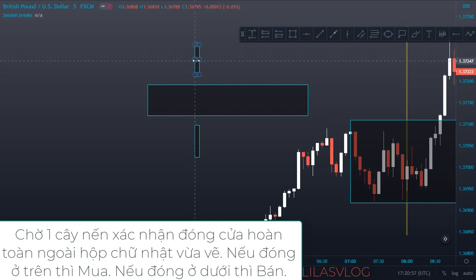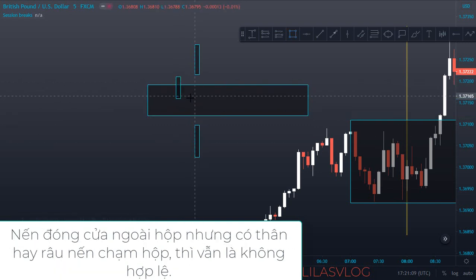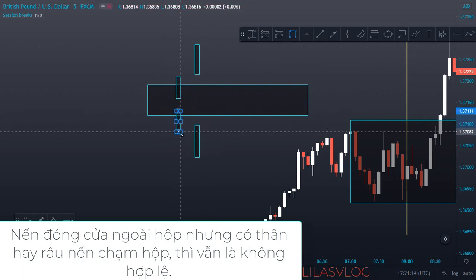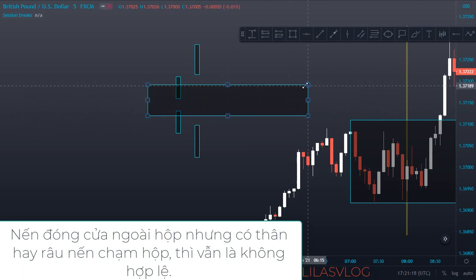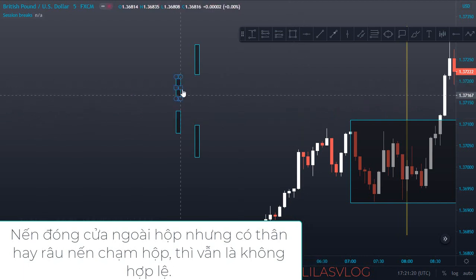For above, we will enter a long position. For below, we will enter a short position. Any candle which closes like this after 8 a.m., this one doesn't count, and this one doesn't count also. So I need you to pay attention to our confirmation very carefully.